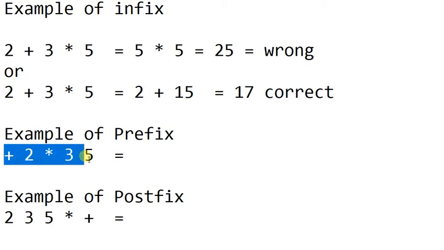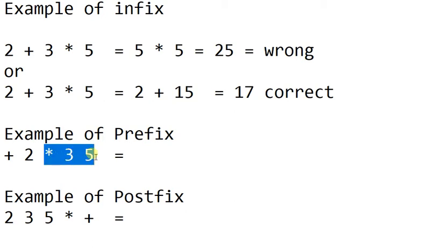And evaluating this prefix notation is very easy. We look for a pair of operands and apply the operator that is to the left of those operands. So here the multiplication operator will be applied on these 2 operands, and we will replace this triplet with the answer.